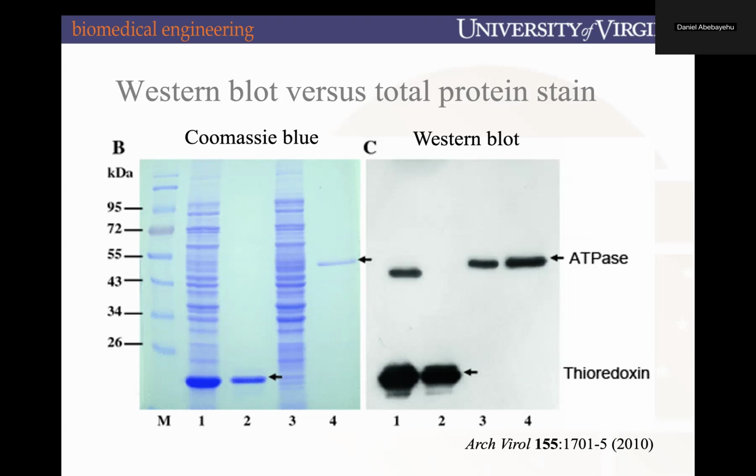Yeah, so it would not bind. Great question. When these secondary antibodies are developed, they're specific to IgG.